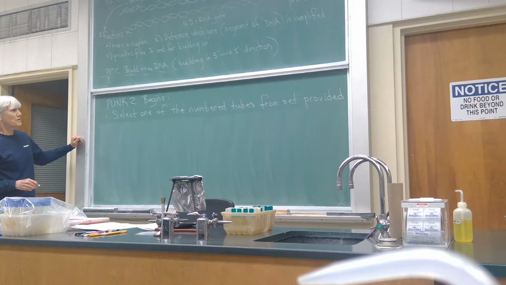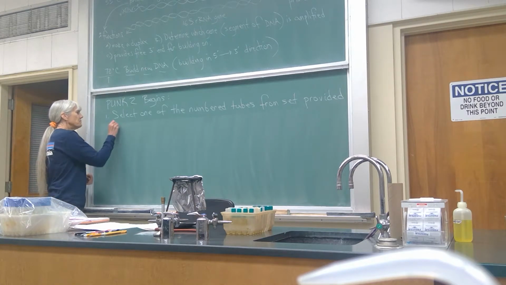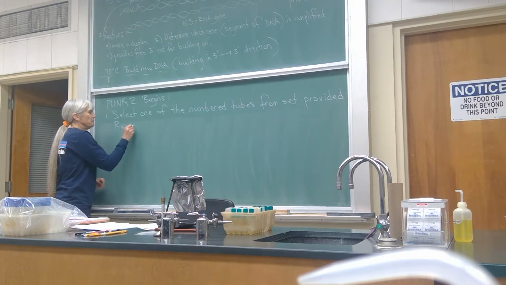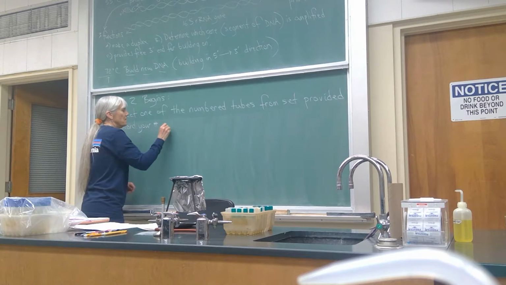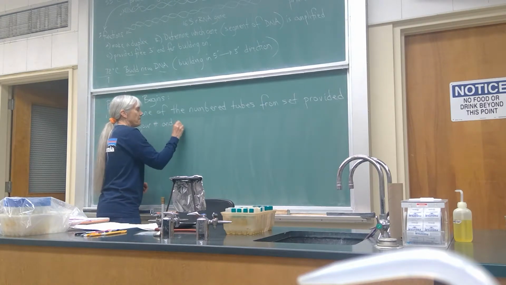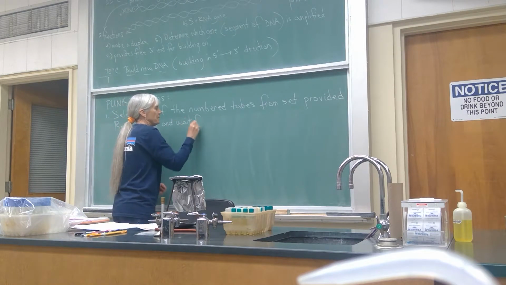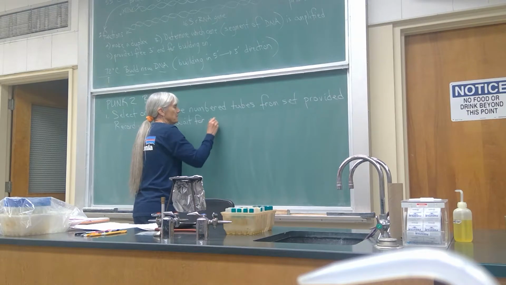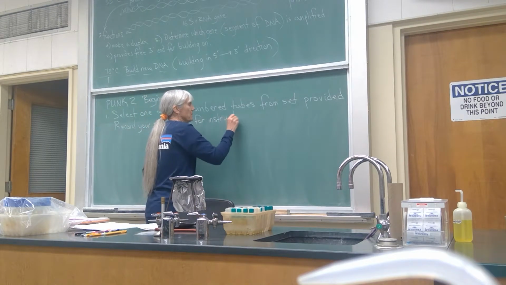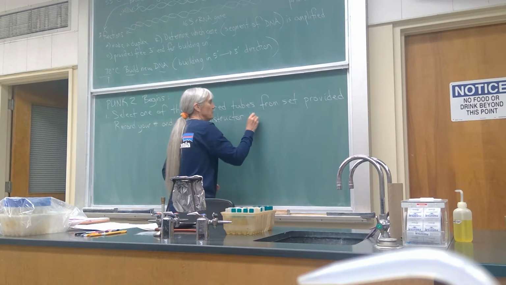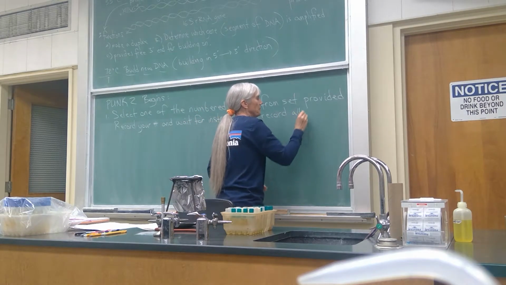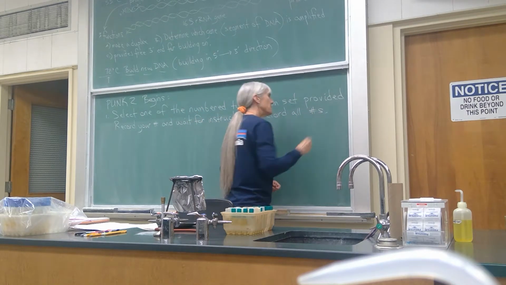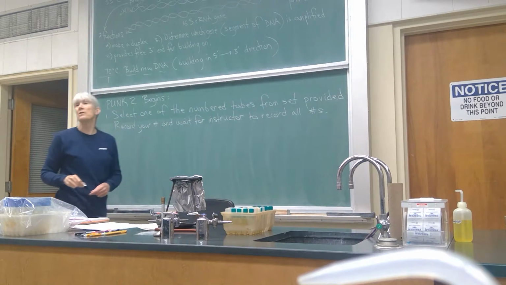Anyway, so you're going to select one of the numbered tubes, make sure you record your number. So you're going to keep these tubes until I've recorded all the numbers.